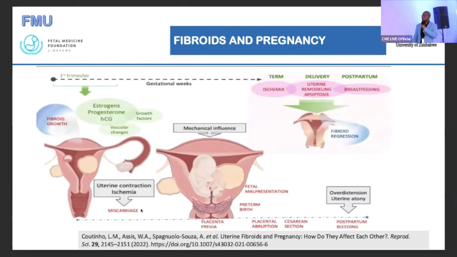Delivery, we talked about difficulties in the delivery and maybe the need to have an emergency cesarean section. And also the risk of PPH secondary to uterine atony in an over-distended uterus.